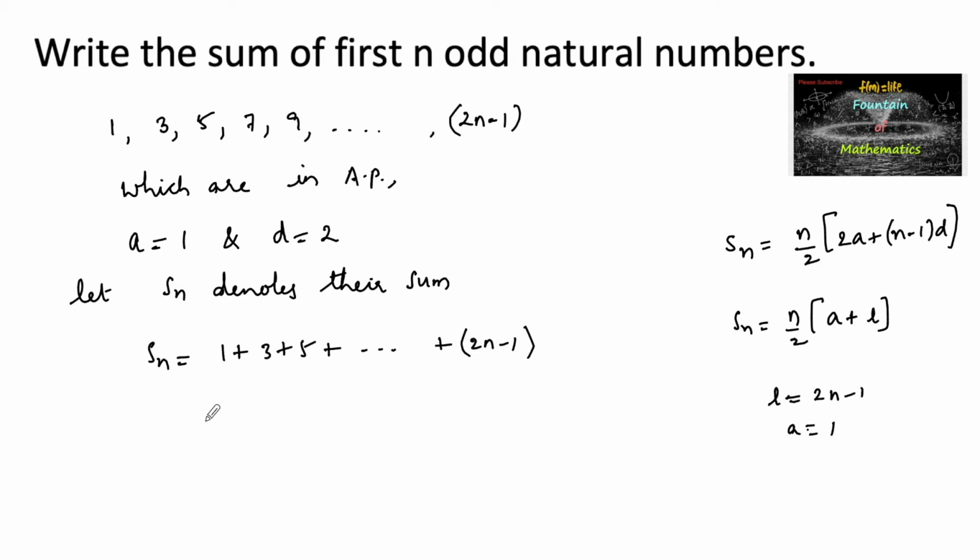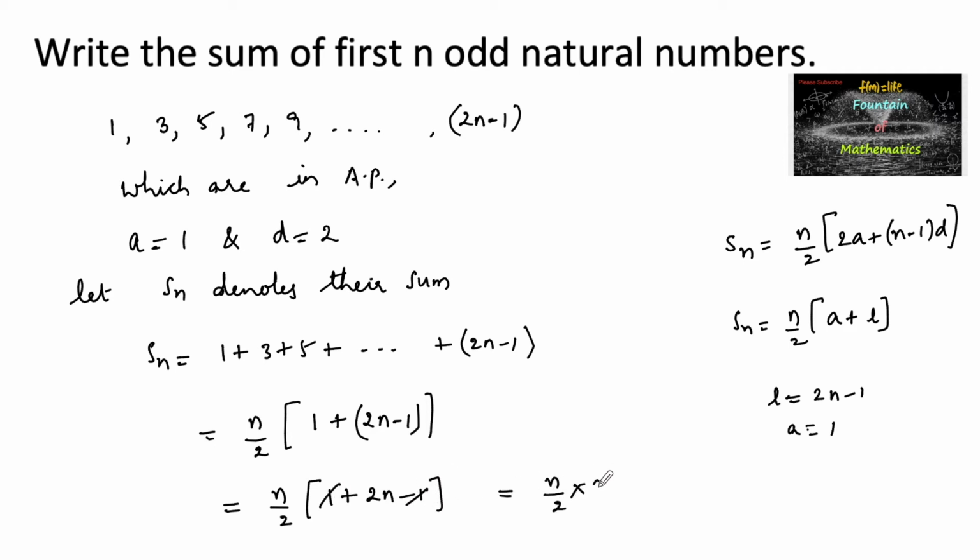So Sn is equal to n by 2 into (first term plus last term), that is 2n minus 1. On simplifying, n by 2 times (1 plus 2n minus 1), the plus 1 and minus 1 get cancelled, so this is n upon 2 into 2n, so we can cancel 2 and 2 and we can write n square.